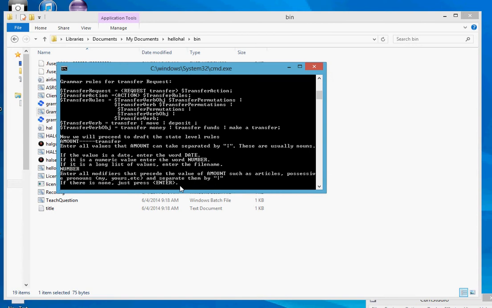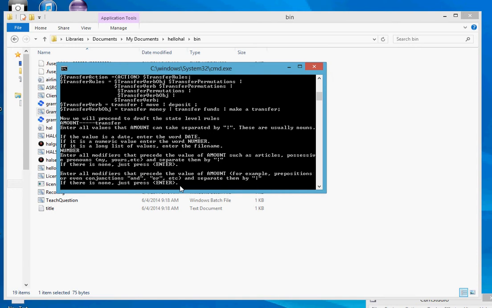Now, the next thing it's asking us for is articles. Let's say, in this context, $500. Well, it would be strange in this context for people to say I want to transfer the $500 or I want to transfer my $500. So we're going to skip that and just hit enter. And then prepositions, like from, to, in, by.